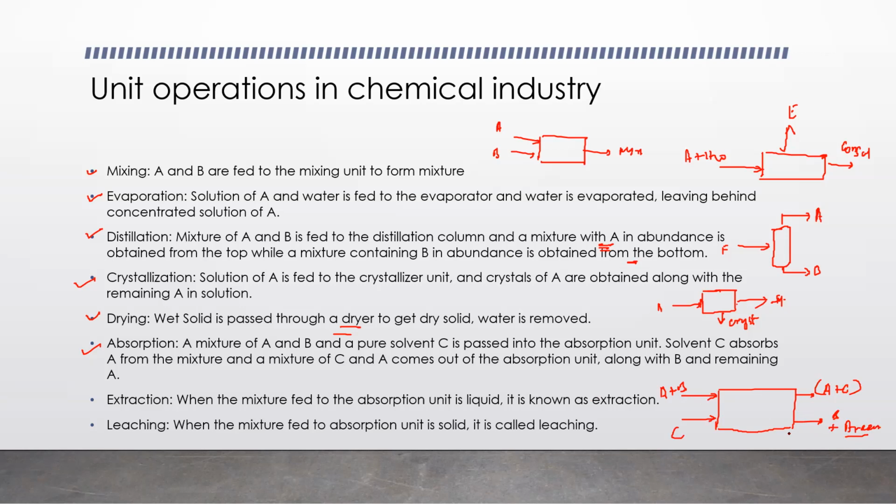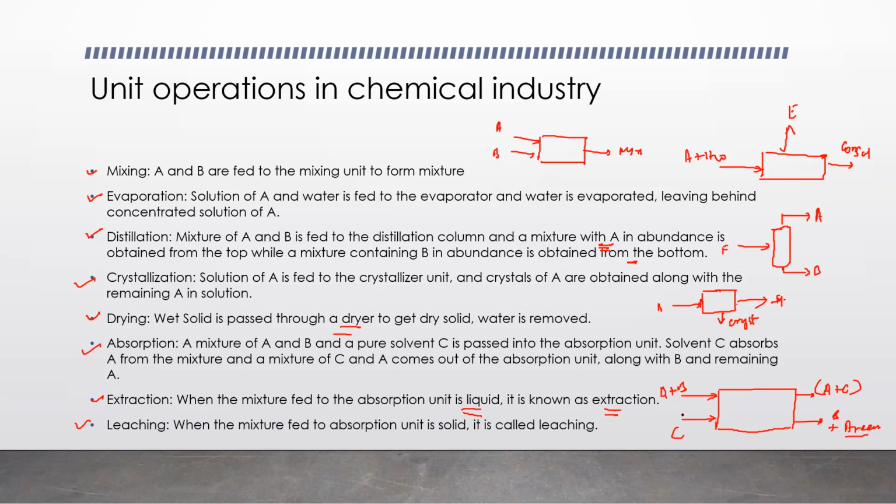Then extraction is again the same as absorption. Absorption, extraction and leaching are all the same process, just the phases are different. For example, generally absorption is where the mixture fed is a gaseous mixture, and you have C, the solvent, so C will absorb the gas A in it.